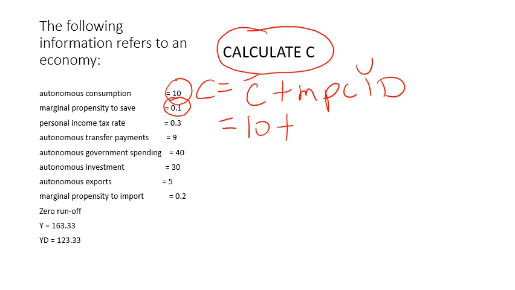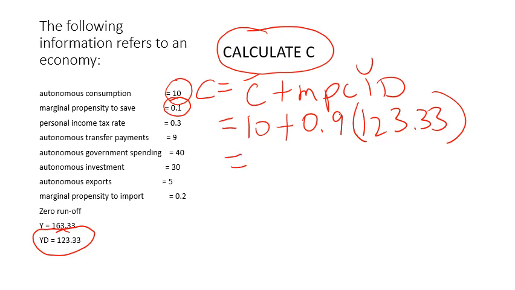Because the marginal propensity to save is 0.1. So 0.9 times disposable income, 123.33, gives us approximately, right? Actually, it's 120.997. Let's say 121.